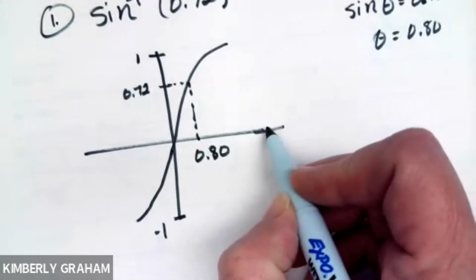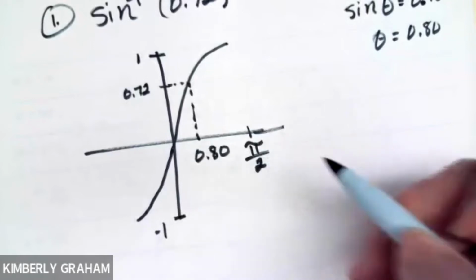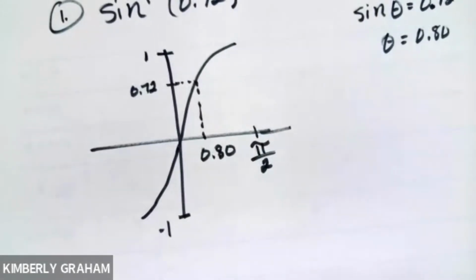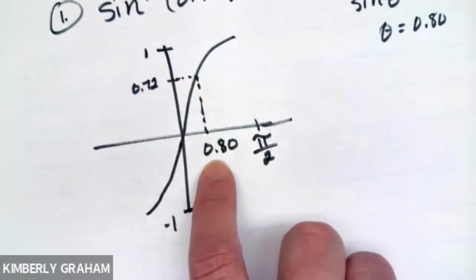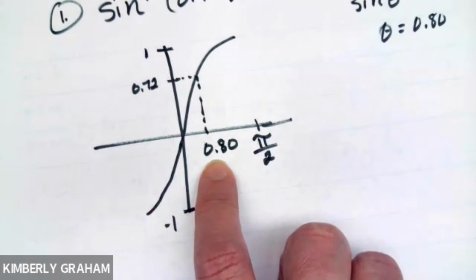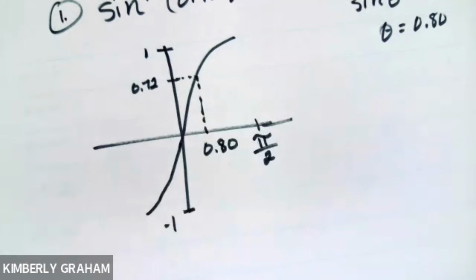This is pi over 2. Now, if I were to try to look at a graph and figure out this answer, my graph would have to be very, very detailed in order for me to do that, and that's really not feasible for any of the graphs that we're going to be doing in here.